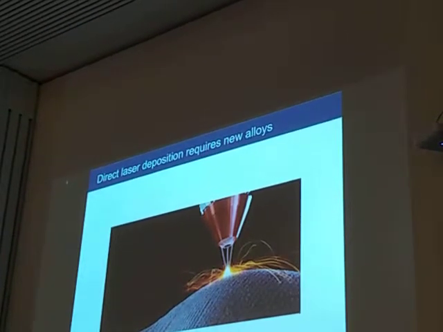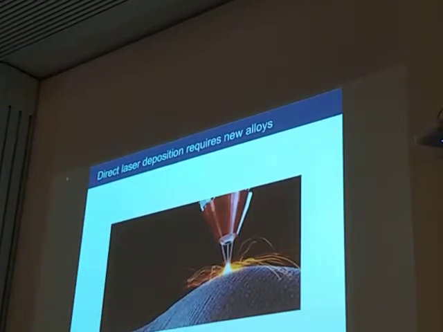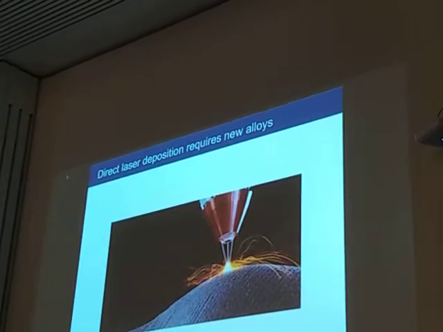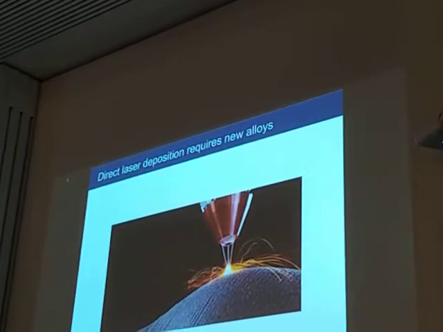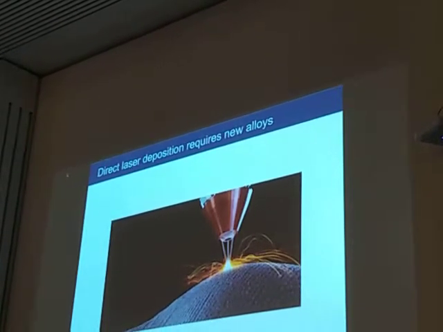And then when we come to print a layer on top of this, we have to go back and melt a new layer on top, during which we accidentally heat up the layer below to almost the same temperature. This is a very unique thermal cycle, very different to those that are used in methods like casting, and so we're going to need to design some new materials that are particularly well suited to that thermal cycle.